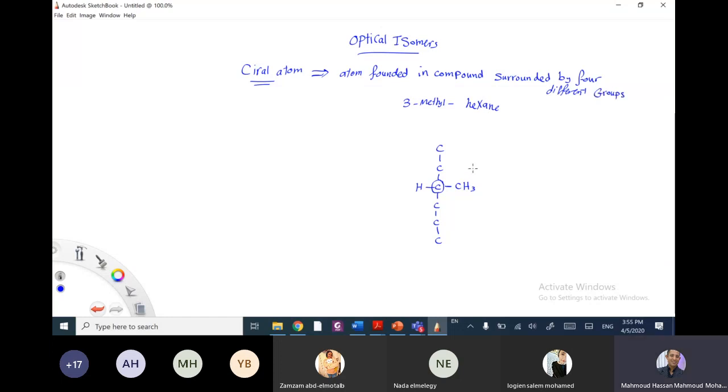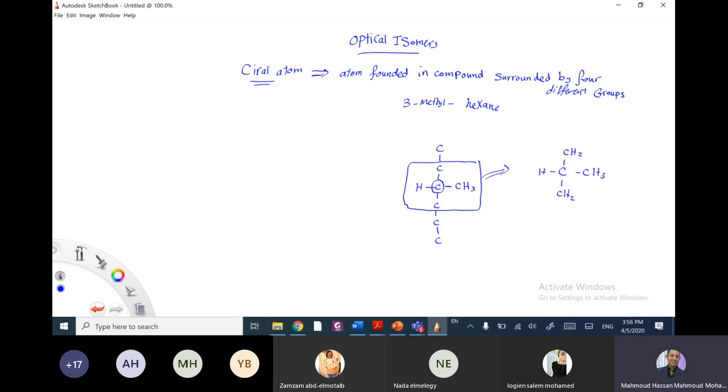Like this section: we will find the central atom is surrounded by CH3, by H, by CH2, and CH2. So we can consider this atom is the chiral atom.